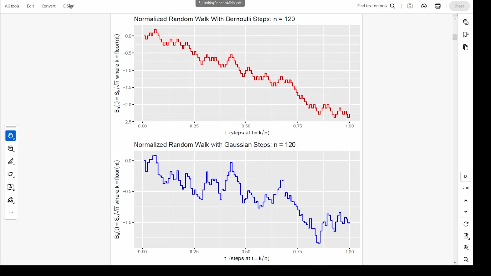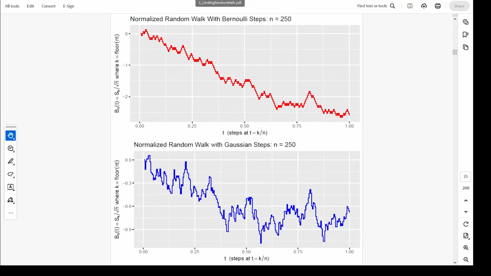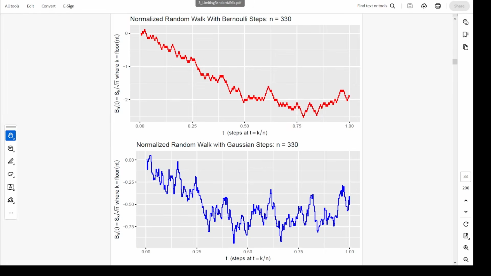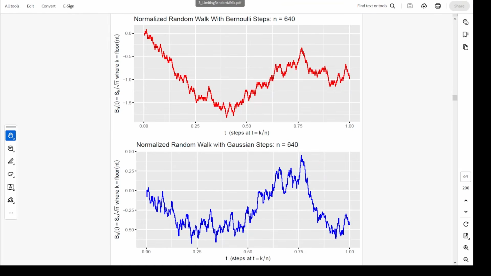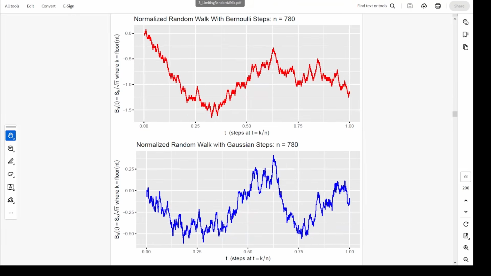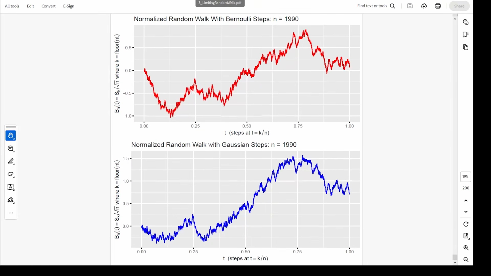What's important in this display is that as we let n get arbitrarily large, the process will be equivalent to Brownian motion. So we're going to go up to 2,000 steps here. One can see how this normalized random walk process evolves. And when we get to the end of the simulation of 2,000 steps, this is what we have.